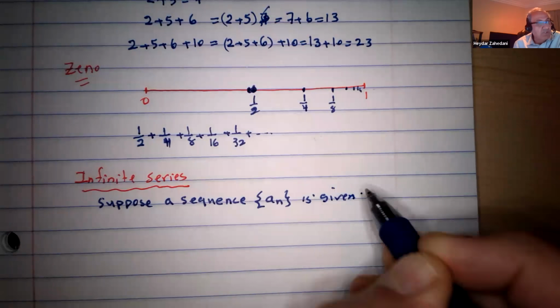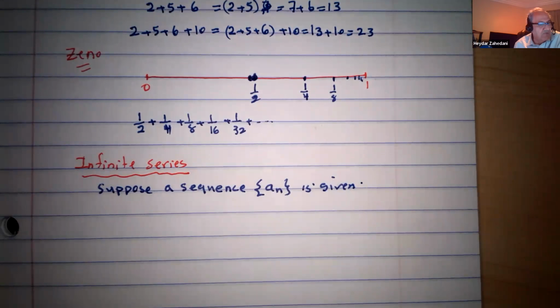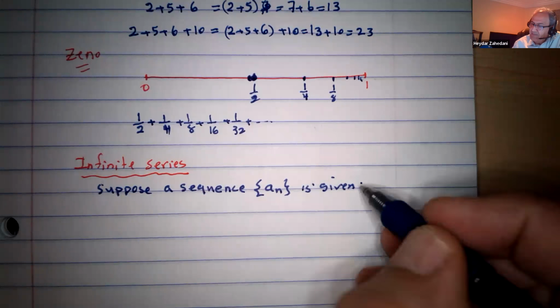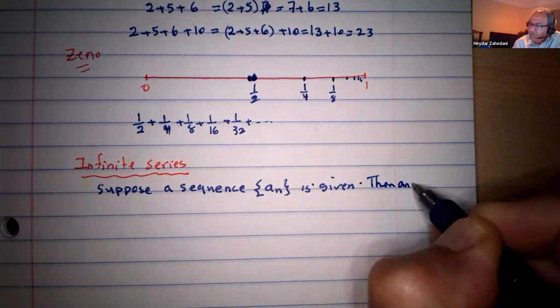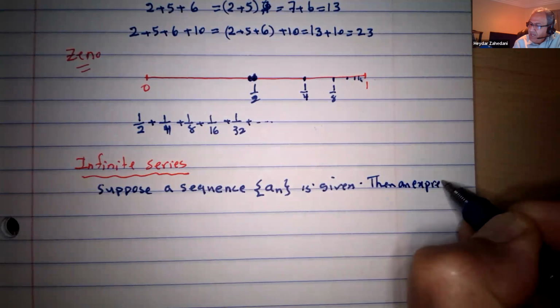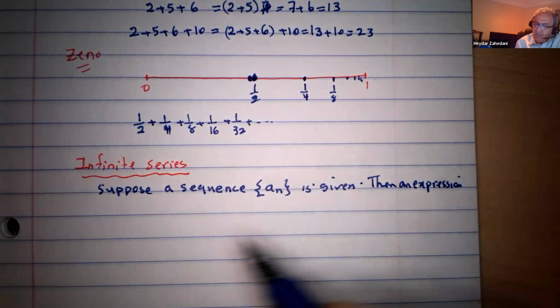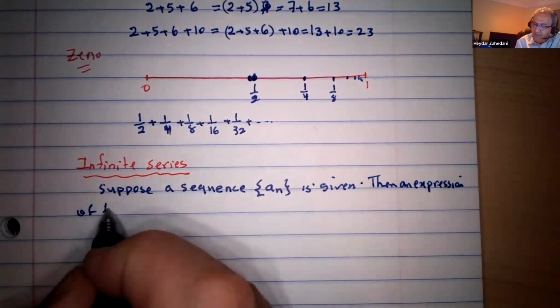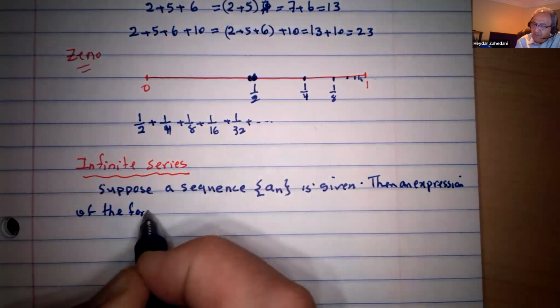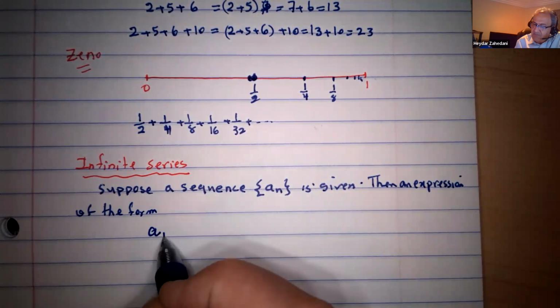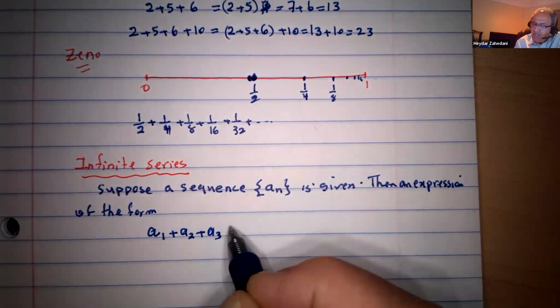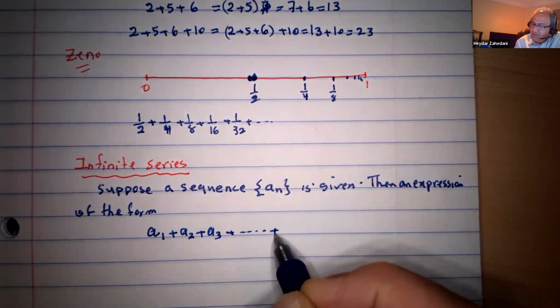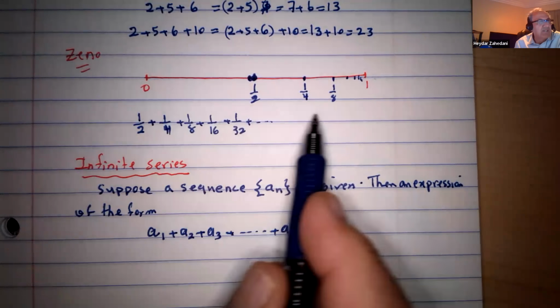You know that the terms of your sequence will be A1, A2, A3, etc. Then I will introduce an expression, if you like, for the time being, of this form: the first term, the second term of the sequence, the third term of the sequence, and going forever to the AN, like the one that I did over here. Dot.